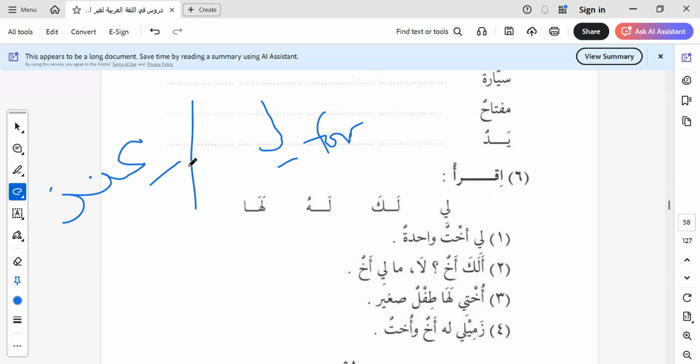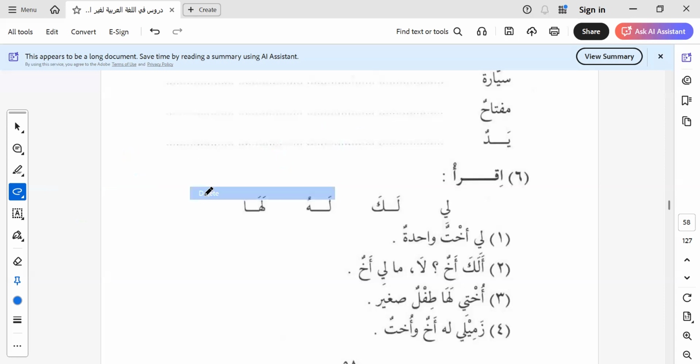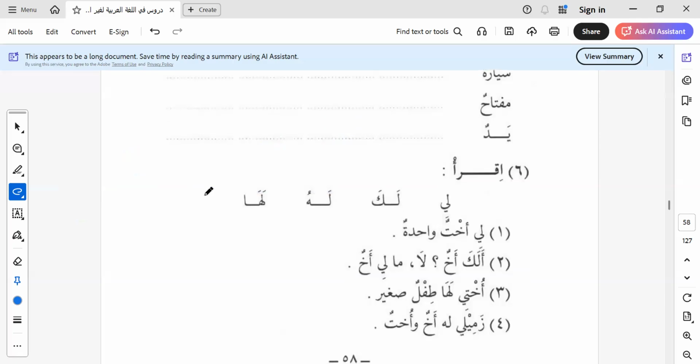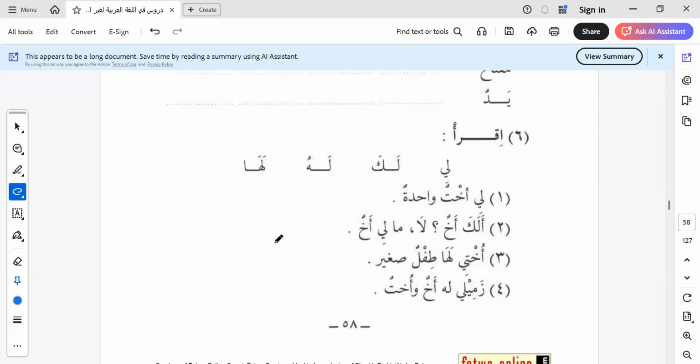Now, that's why I put it as a question, because I want to see how observant everyone is. And that's a good observation, Barakallahu fiqh. Now, look at the way they use it here. ألك أخ أختي لها طفل صغير زميلي له أخ وأخت. Now the way li is used is different from the way inda is used, but they have the same meaning.